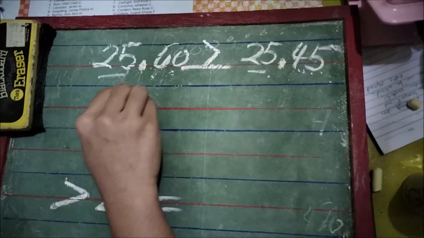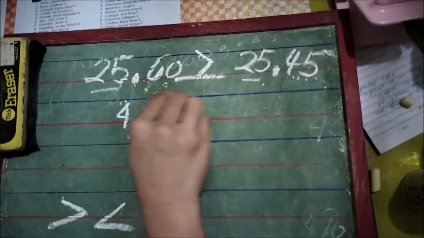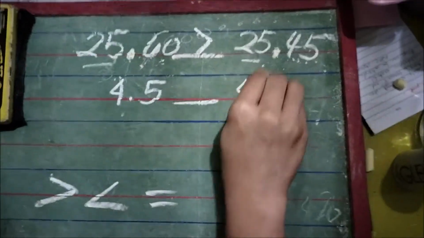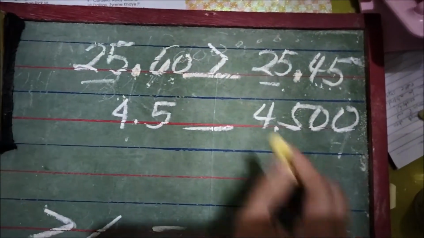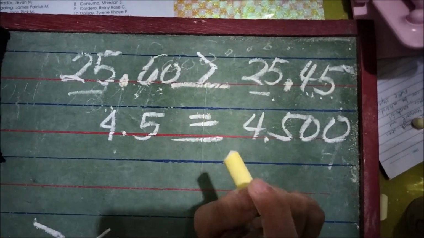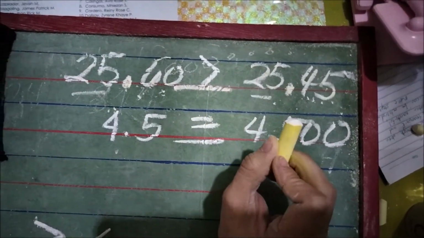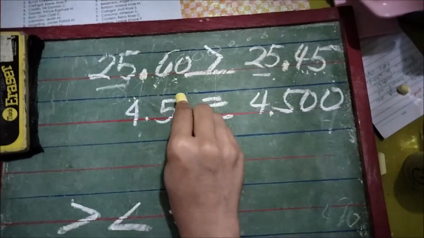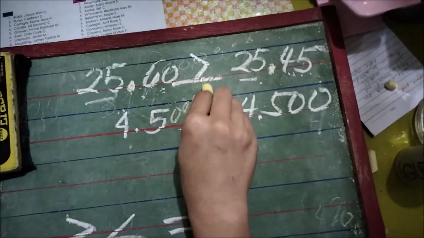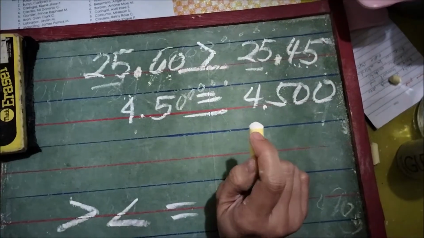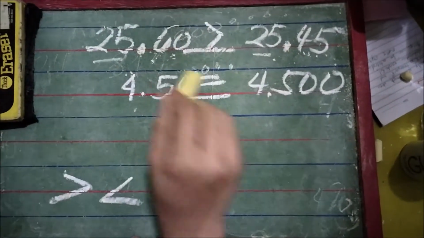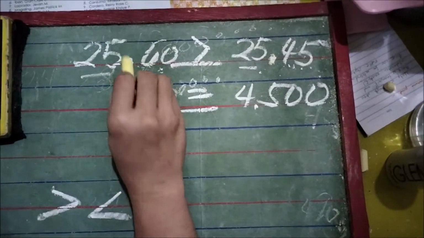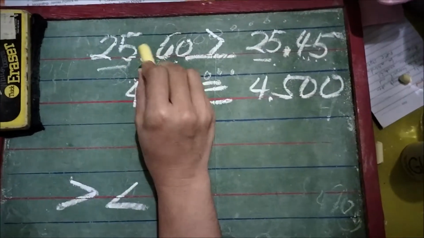So if I have here 4 and 5/10 compared to 4 and 50 hundredths or 500 thousandths, these numbers are just equal, because as I said, in a decimal number, you can put as many zeros as you want. Again, in comparing, just look at the number nearest to the decimal point.